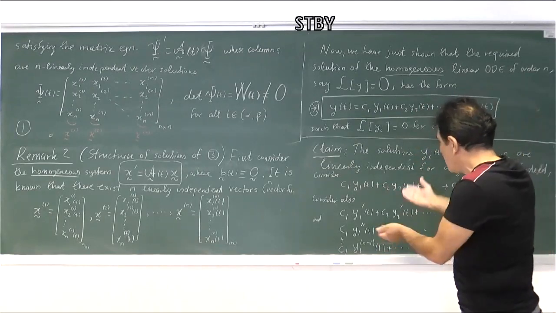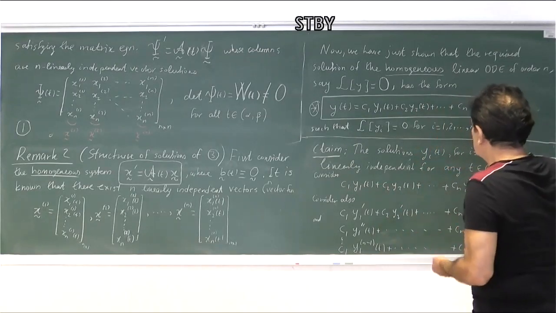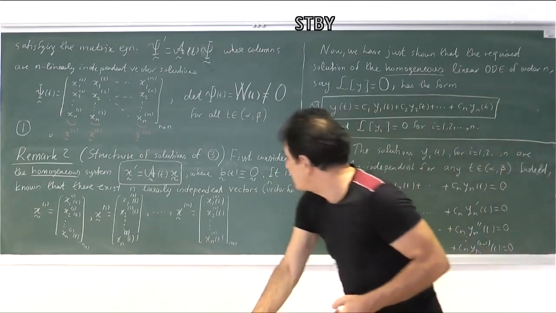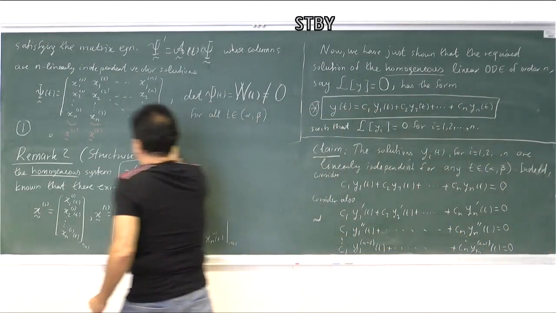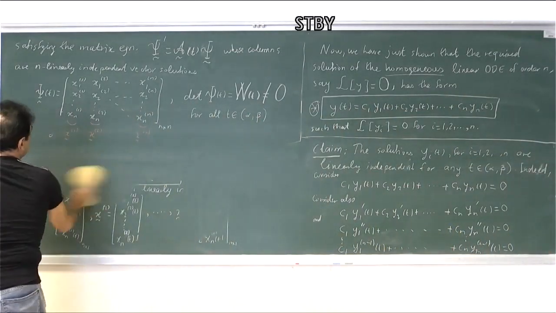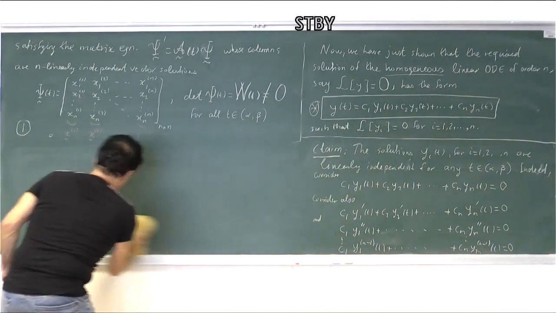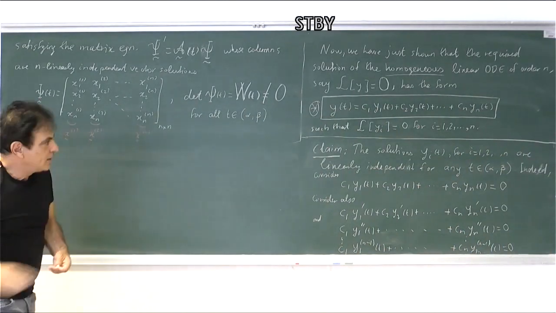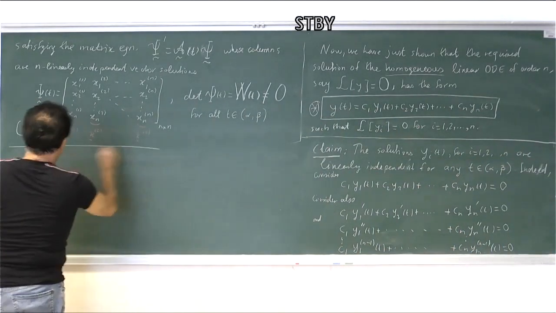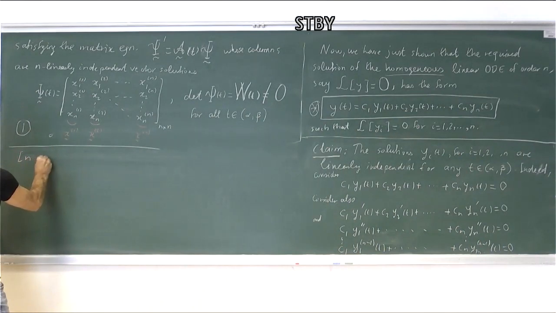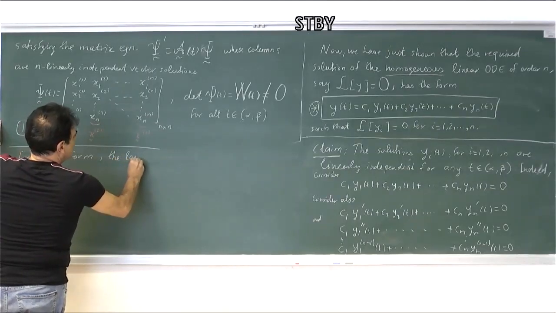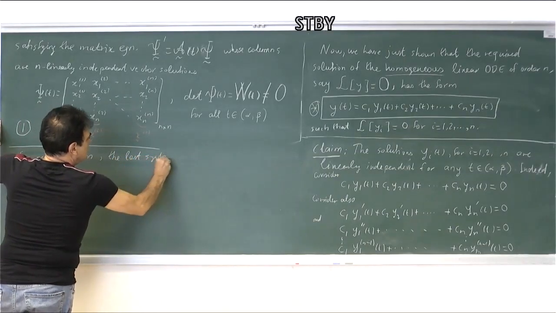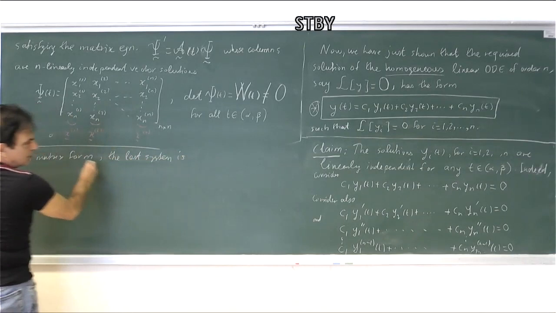And observe that this is a system like, so in matrix form, the last system is this.